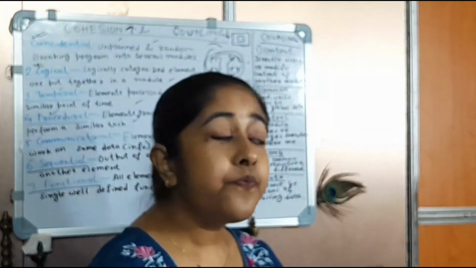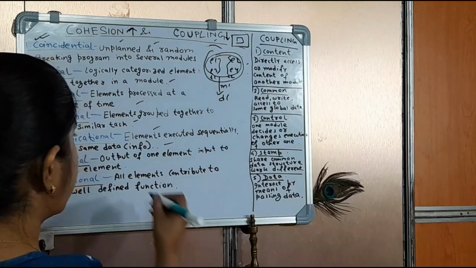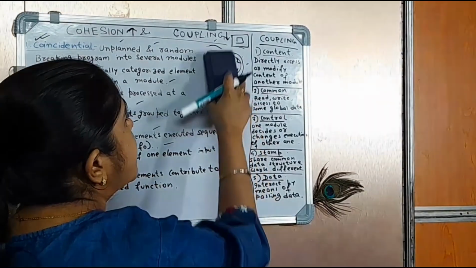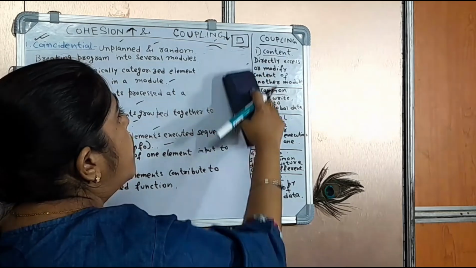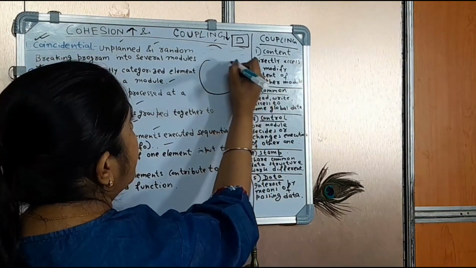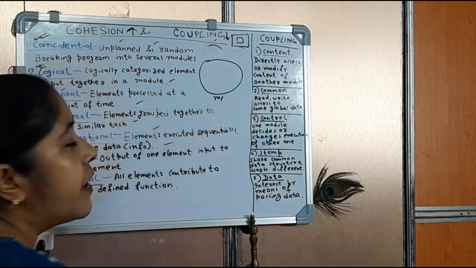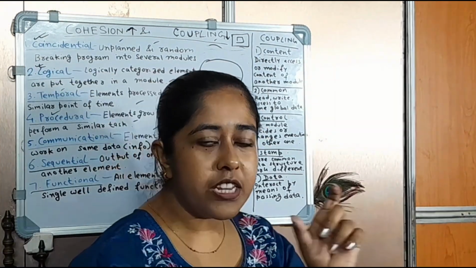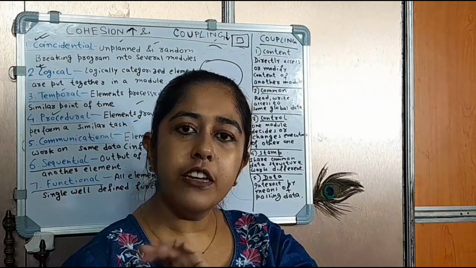Then now our sixth kind of cohesion, that is sequential cohesion. Now what is sequential cohesion? This is the most important type of cohesion. Suppose in our module M1, we have to see the sequence of the elements.